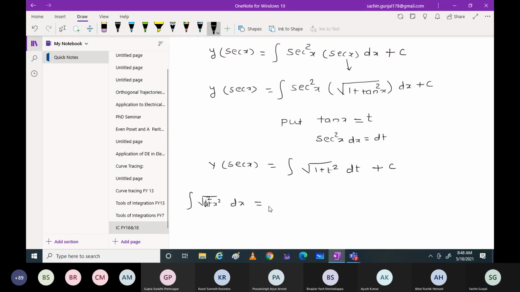What was it? Half x into under root a square plus x square, plus a square by 2 into log of x plus under root of a square plus x square. Correct. Very good.